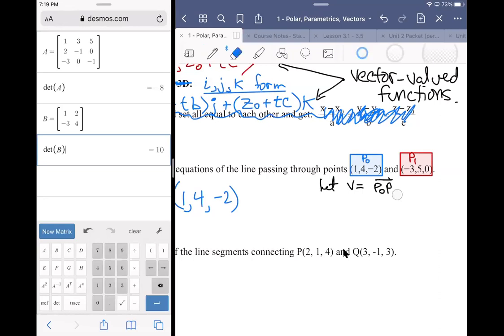If you're thinking along the lines of physics, usually you use a subscript of O to start and a subscript of F to end, like the time t equals 0 and t equals F for final. But here, this is my second point, right?